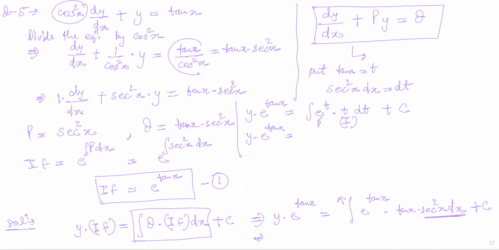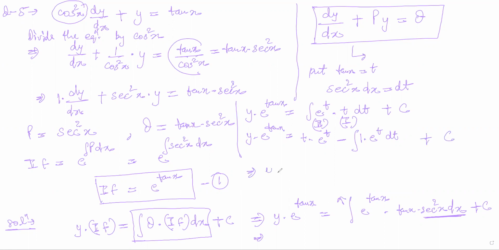The first function as it is, that is t as it is, into integration of the second, which is integration of e to the power t, which is e to the power t, minus integration of differentiation of first, which would be 1, into integration of second, which would be e to the power t, dt, plus c.